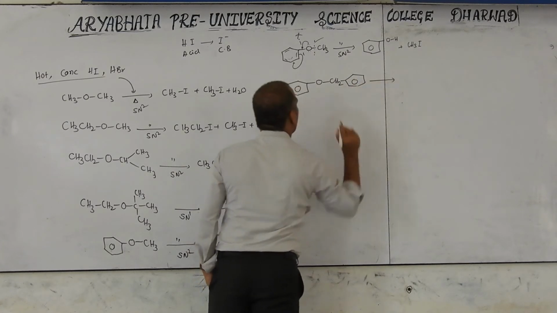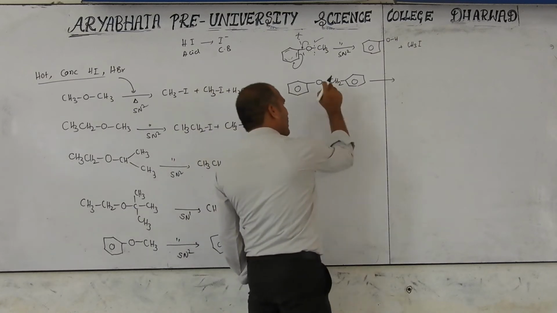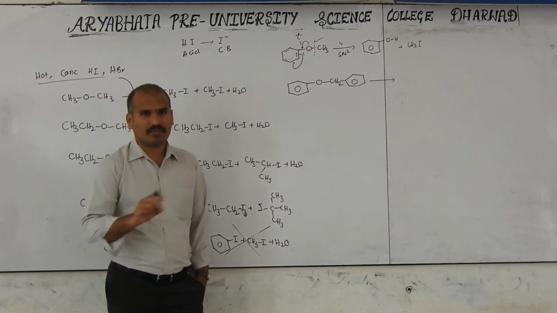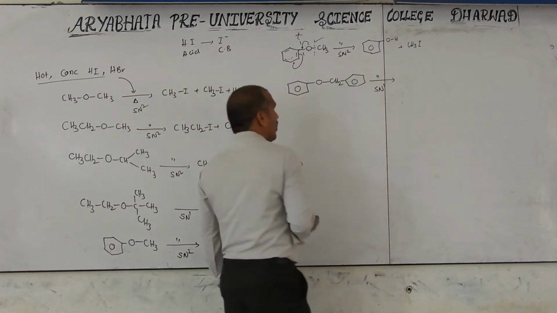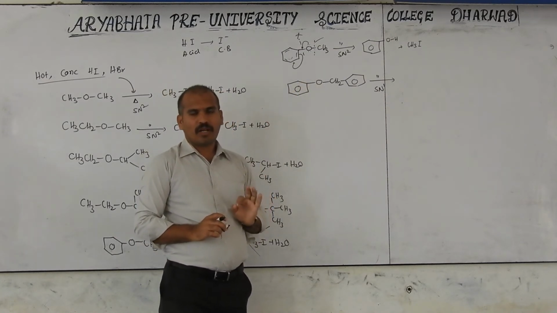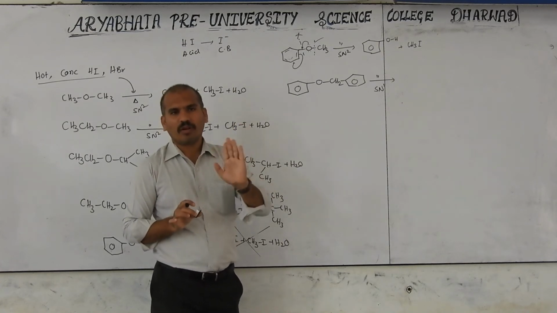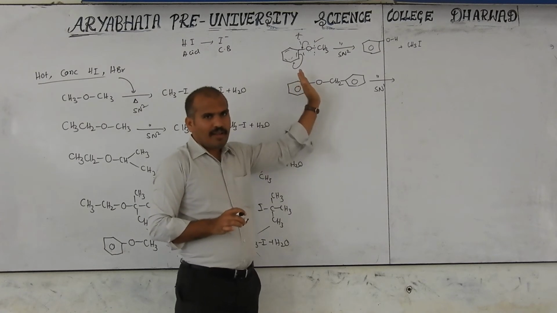Now you may answer here. A benzyl group is there. Which type of reaction? SN1. So it leads to the same condition, SN1. Now bond breaking on the left side: already I told you that when benzene is bonded to oxygen, that bond breaking is not possible because here there is partial double bond character. Left side is not possible.